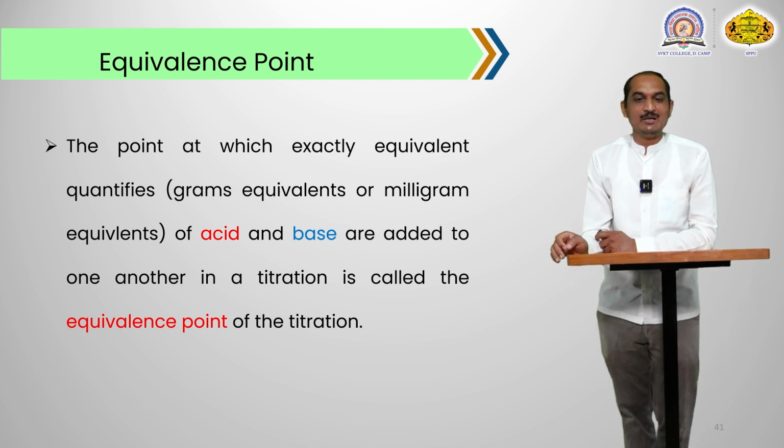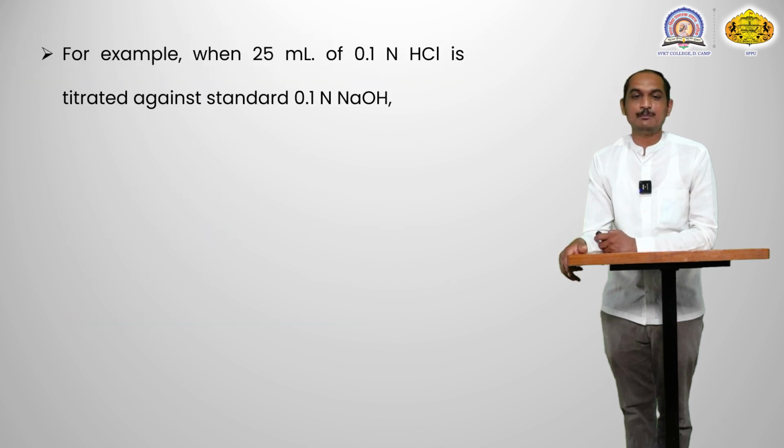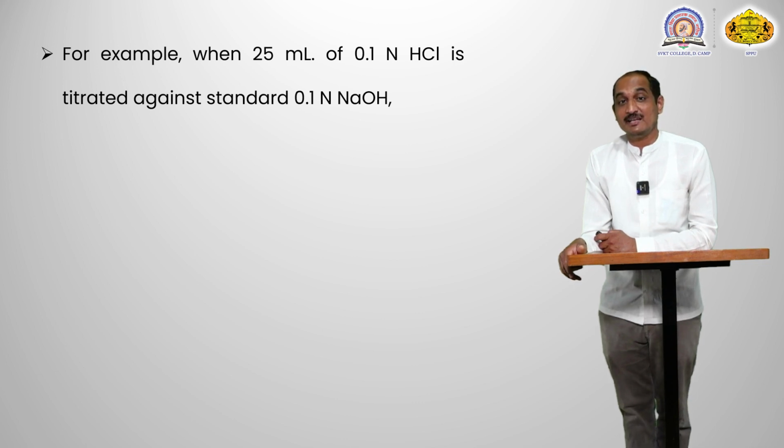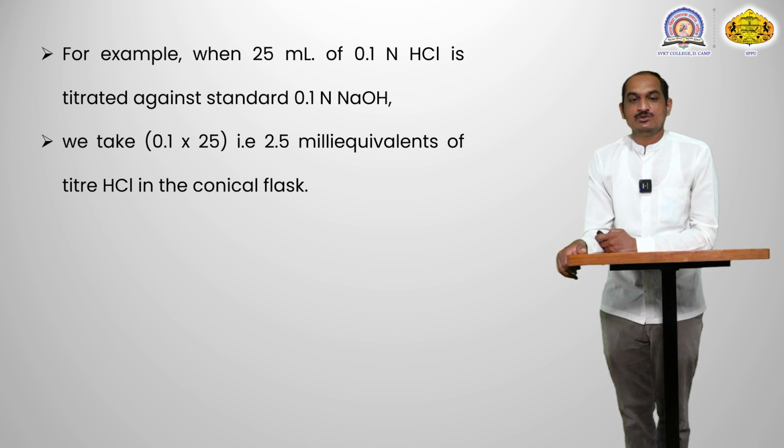The point at which exact equivalent quantities of acid and base are added to one another in a titration is called the equivalence point of the titration. For example, when 25 ml of 0.1 normal HCl is titrated against the standard 0.1 normal NaOH solution, we take 2.5 milliequivalents of titer HCl in the conical flask.